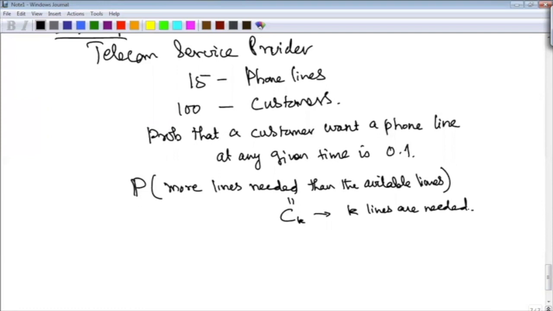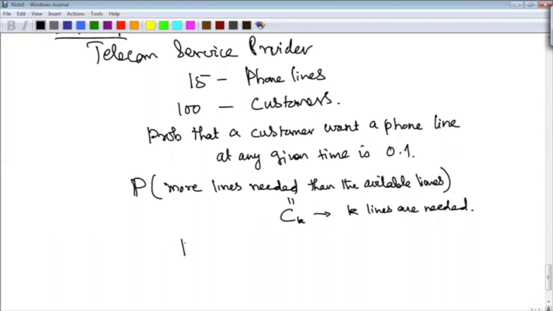Okay, and now at any given time, a line is engaged or not engaged, right? So there are only two possibilities: engaged can be thought of as head, and not engaged can be thought of as tail.